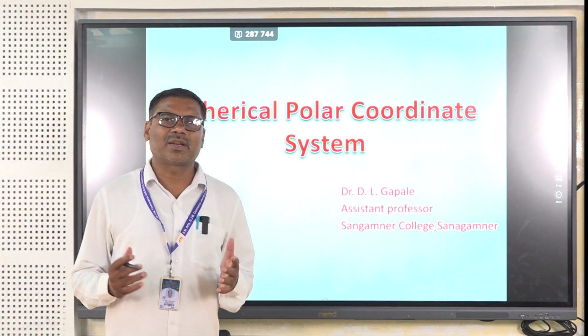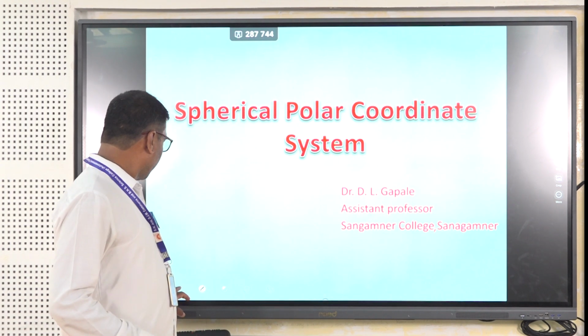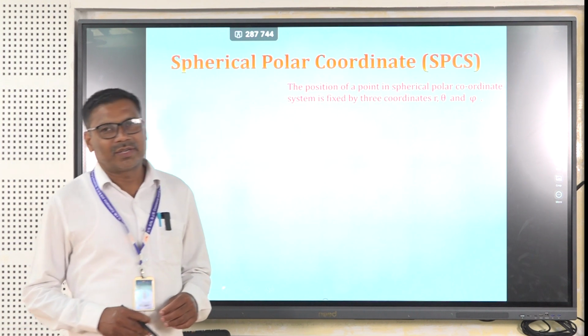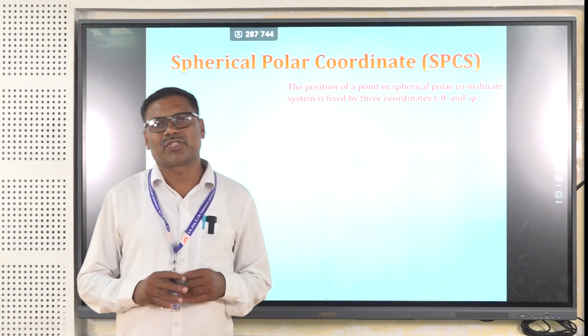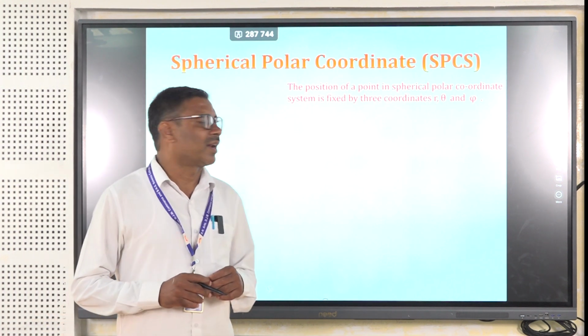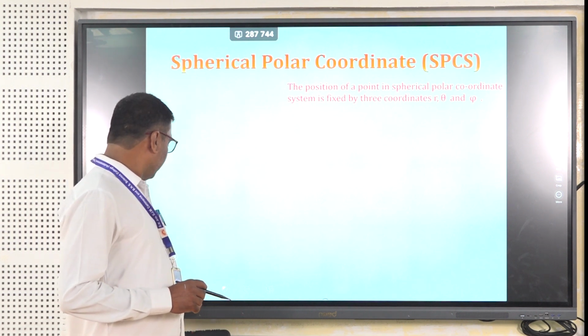This is another coordinate system, and if we want to represent the position of a point in a spherical polar coordinate system, we need 3 coordinates: r, theta and phi.